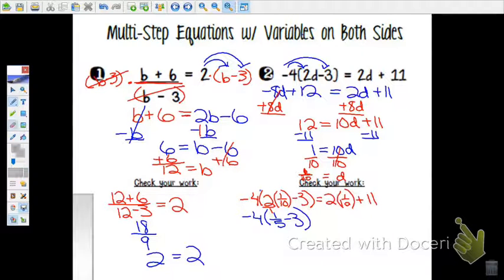So instead of that 3, I'm going to make a common denominator of 5. So that gives me 15 over 5. So 1/5 minus 15/5 gives me negative 14/5.